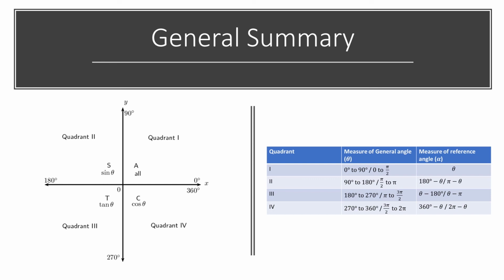Also, we learned how to relate the ratio of the general angle with the ratio of its reference angle, using the facts that we know which ratios are positive and which ratios are negative in the different quadrants.